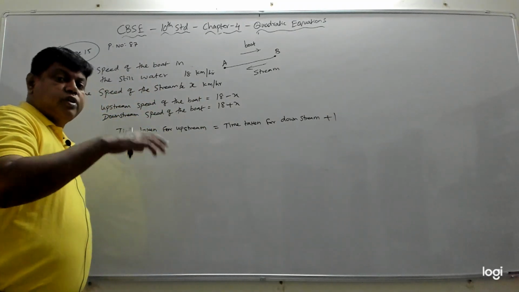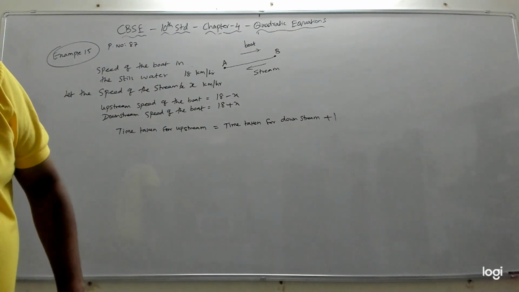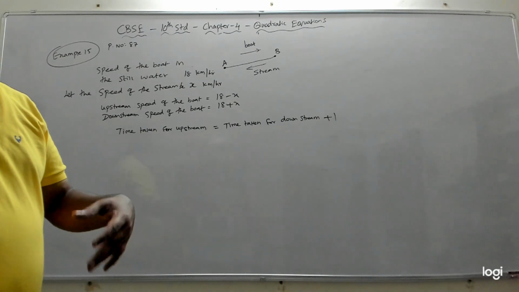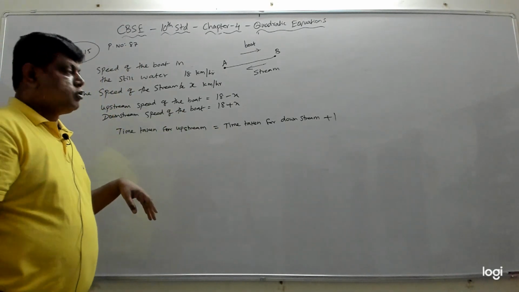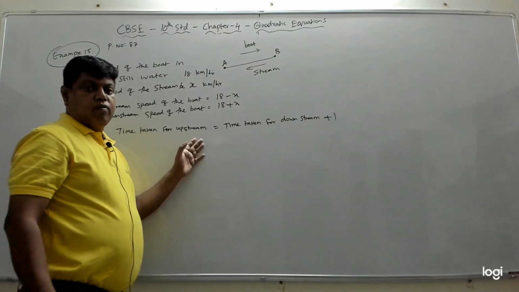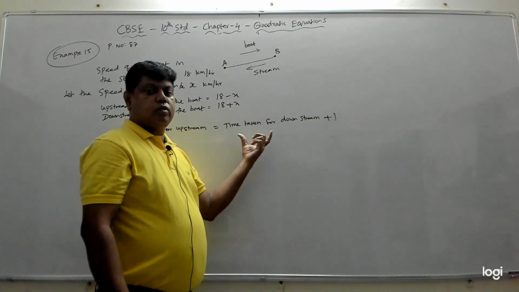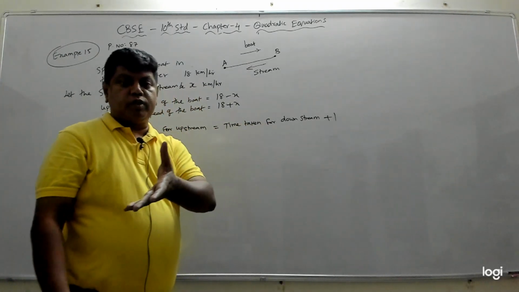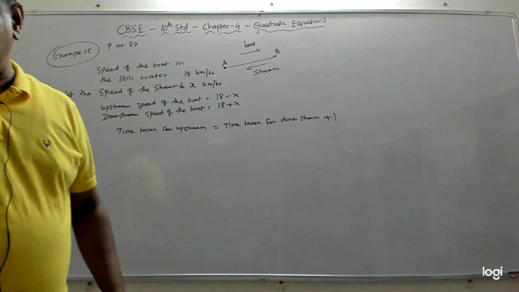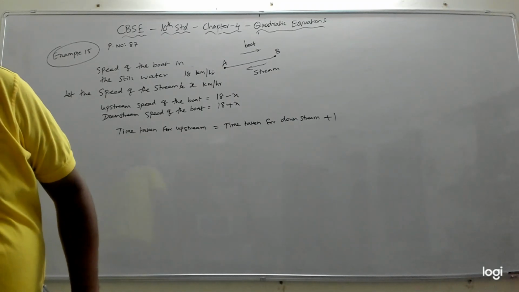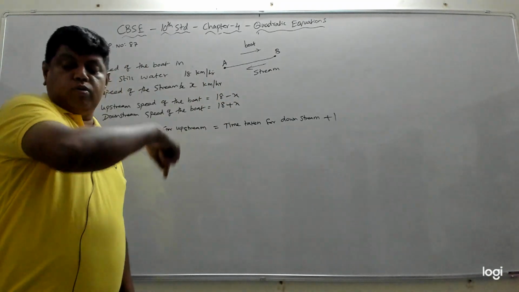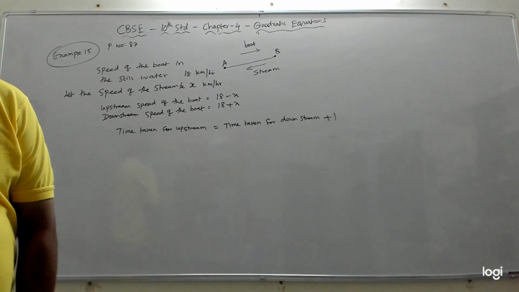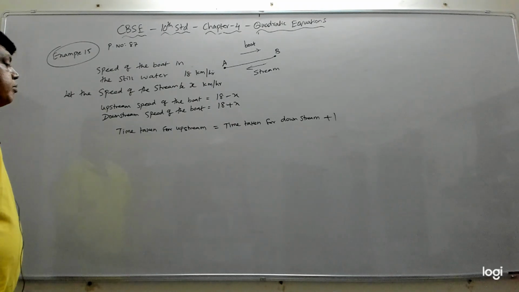Which means to go upstream it takes 1 hour more than to return downstream to the same spot. Your upstream time will be 1 hour more than the downstream time. That is what is given in the question: it takes 1 hour more to go 24 km upstream than to return downstream to the same spot.